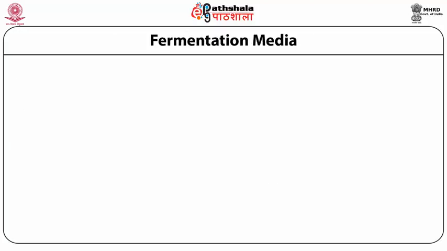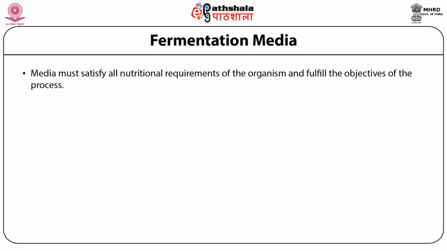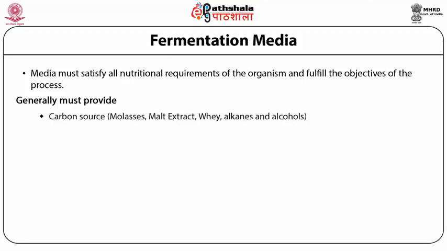Fermentation media. A fermentation medium is the primary requirement for fermentation to happen. Media must satisfy the nutritional requirements of the organism and fulfill the objective of your purpose. Generally, a medium should have a carbon source. We can use molasses, malt extract, whey, alkanes, and alcohol.